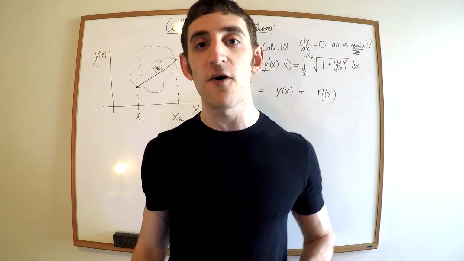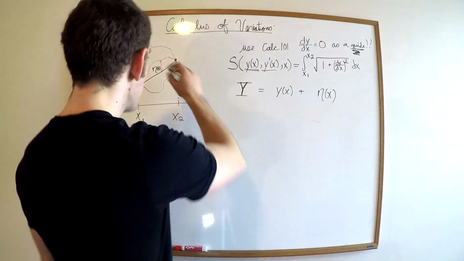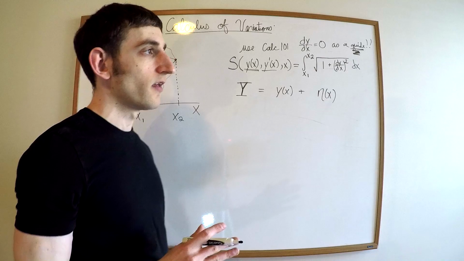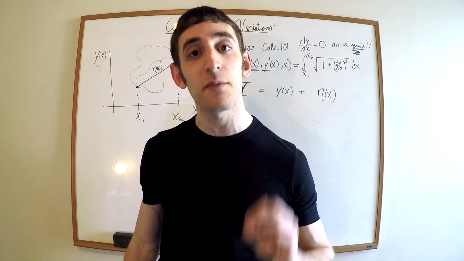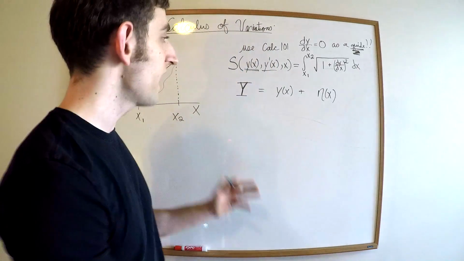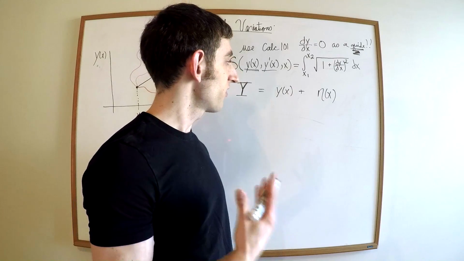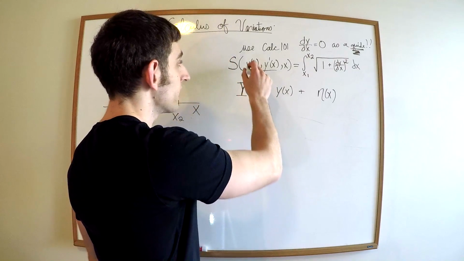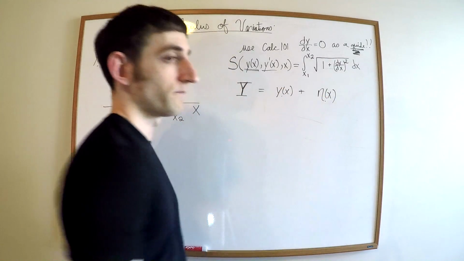It's arbitrary because that means we can have any of these paths, which allows us to account for the unlimited number of paths we can possibly take between those 2 points. You can think of this eta sub x as an error. So we're redefining the paths we take as the correct path plus an error.